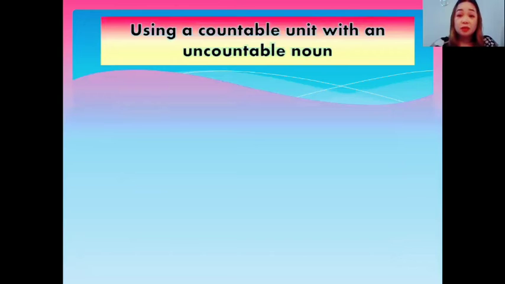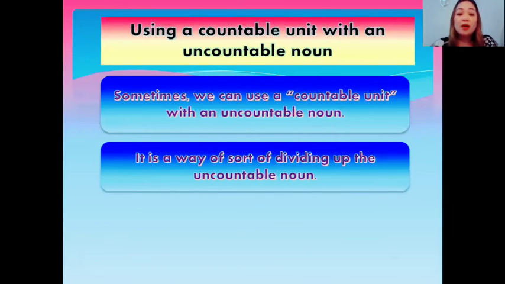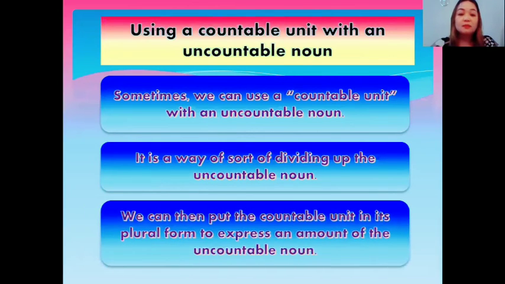Now, using a countable unit with an uncountable noun. Sometimes we can use a countable unit with an uncountable noun. It is a way of sort of dividing up the uncountable noun. We can then put the countable unit in its plural form to express an amount of the uncountable noun.